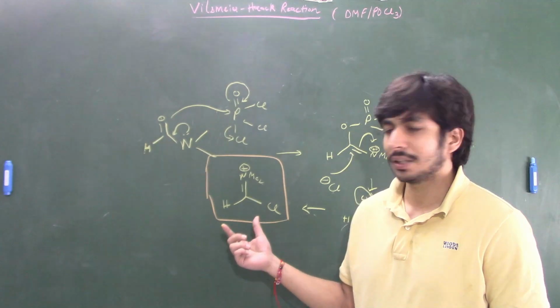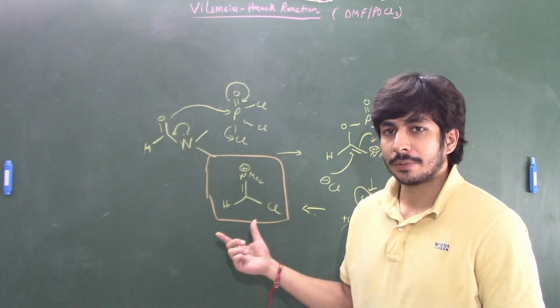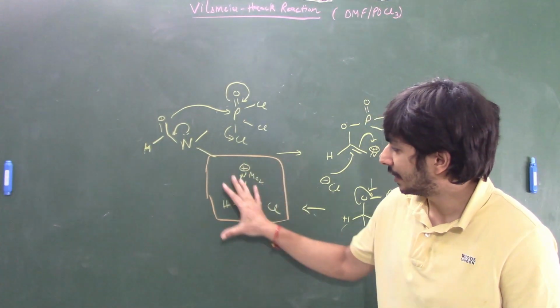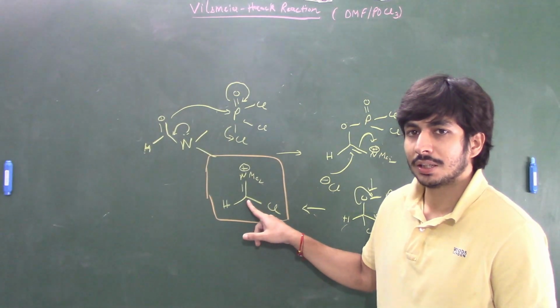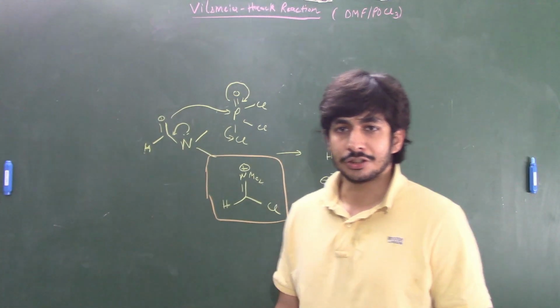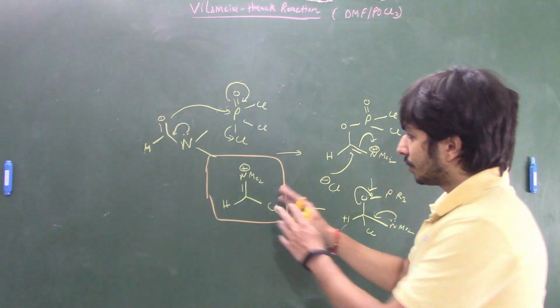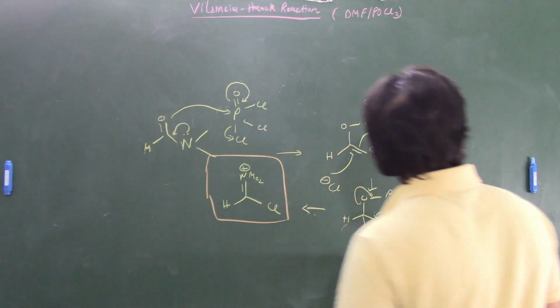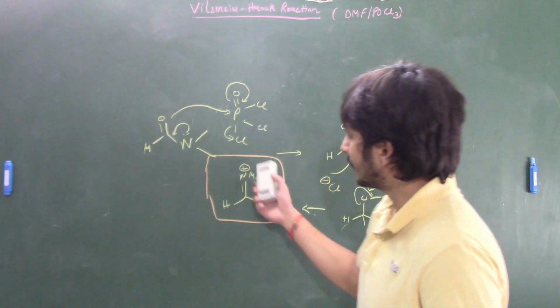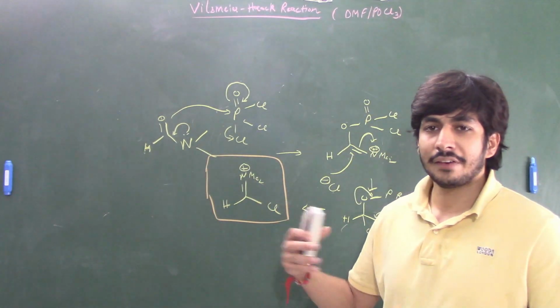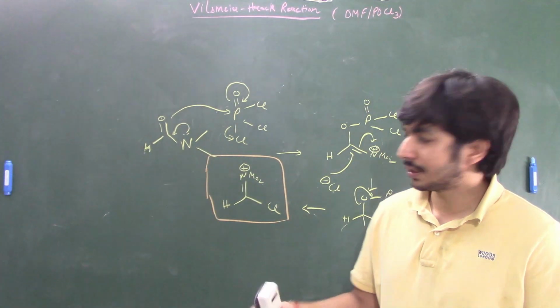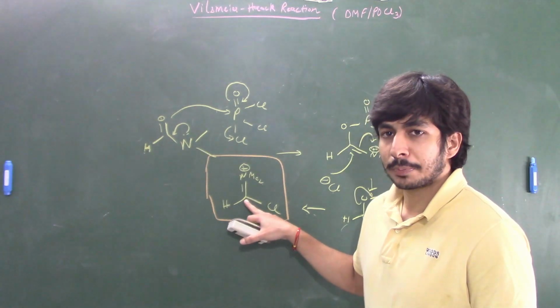This intermediate over here is nothing but an electrophile. This carbon you can see over here becomes electrophilic in nature. Now just remember this, and with the help of this we will try to do the reaction. Like I said, this is electrophilic. So if we have any nucleophile present in different substrates, the nucleophile will attack this particular carbon.